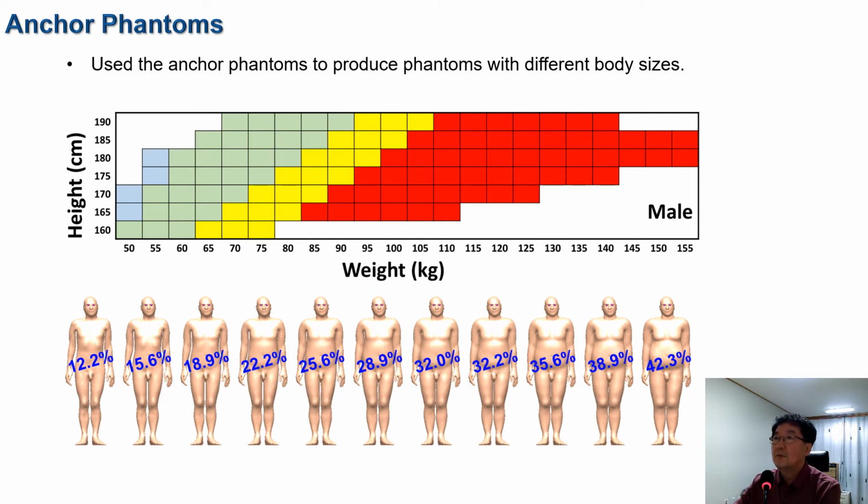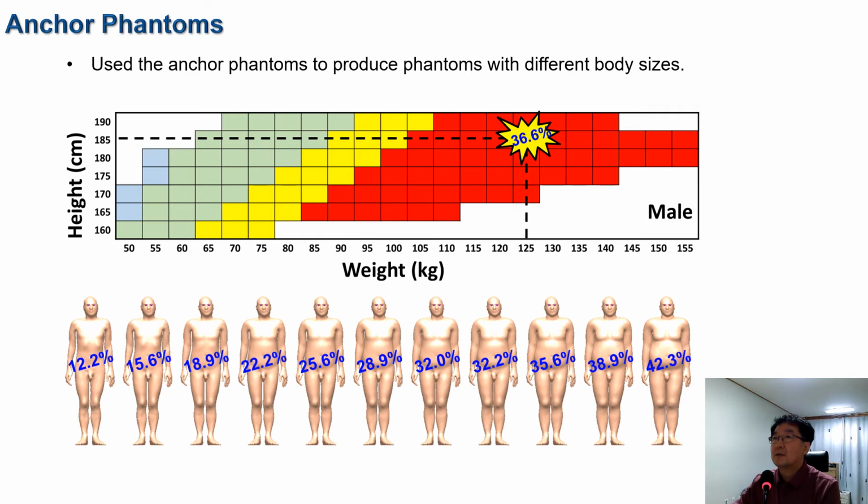For example, if we want to produce a phantom at this location that is 185 centimeters in height and 125 kilograms in weight, then we first calculate the body fat percentage using the values of height and weight, and that is 36.6% in this case, and then select an anchor phantom which has a close body fat percentage.